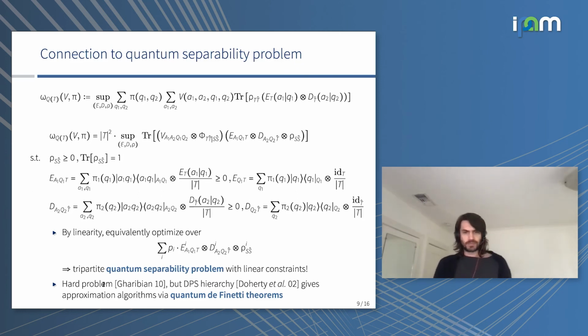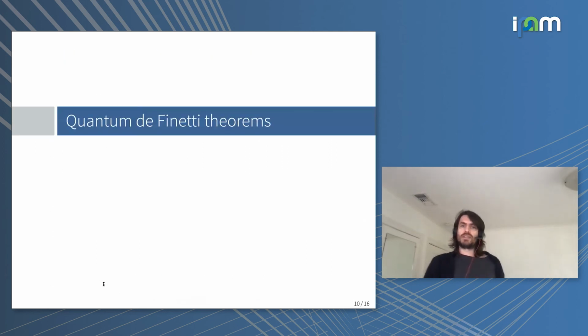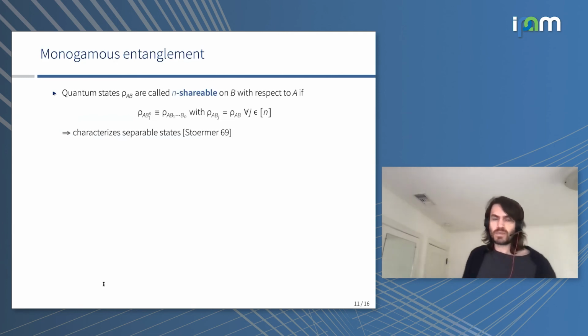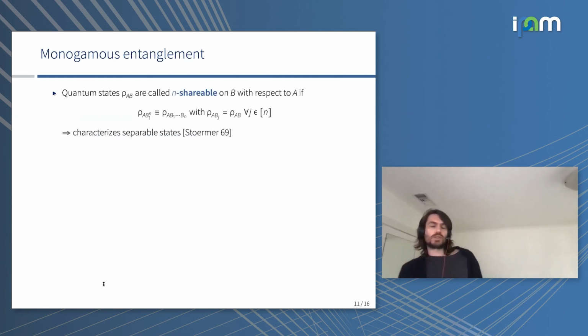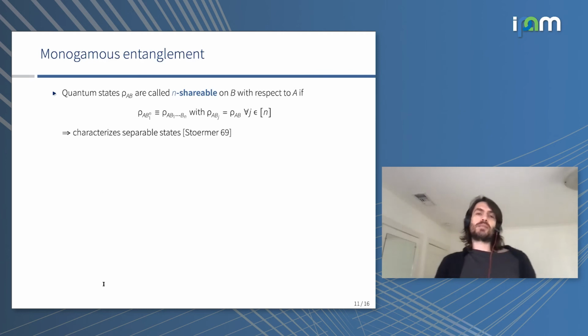However, there are algorithms to approximate the set of separable states, and this actually goes via so-called quantum de Finetti theorems. So on a technical level, I now have to talk about de Finetti theorems. I'm a bit short on time, of course, but the intuition behind de Finetti theorems is that entanglement is monogamous.